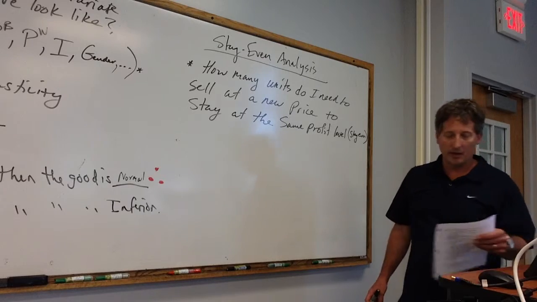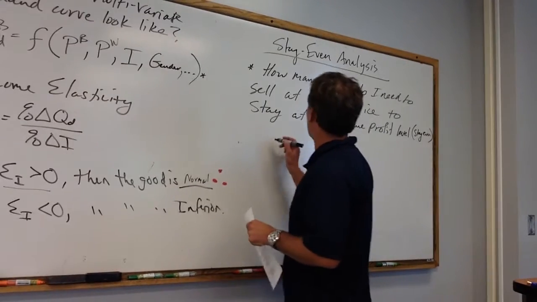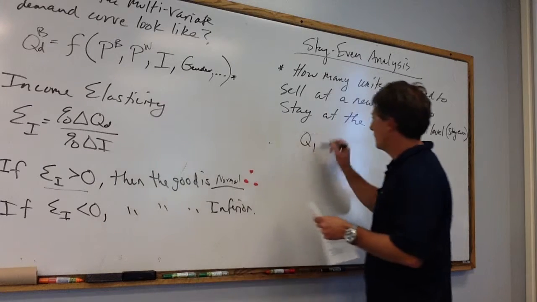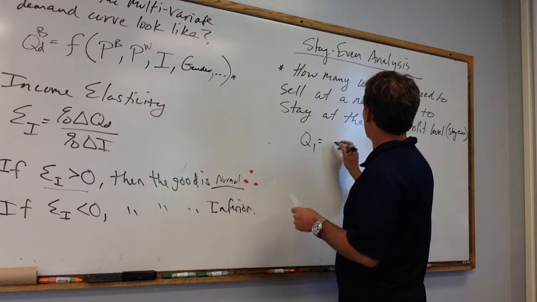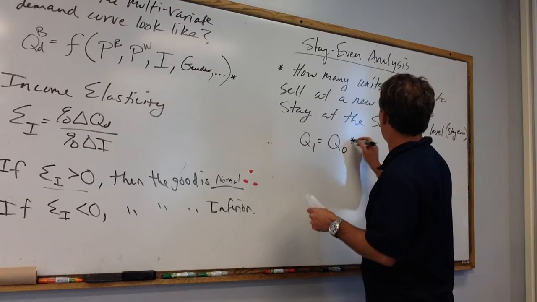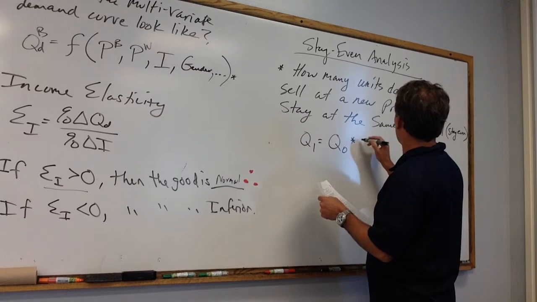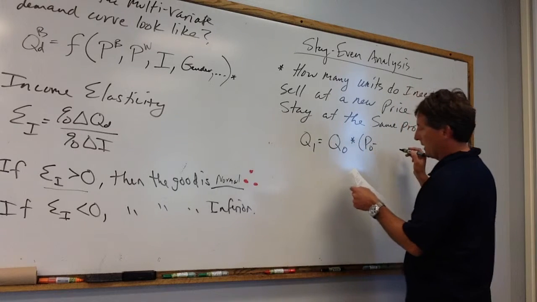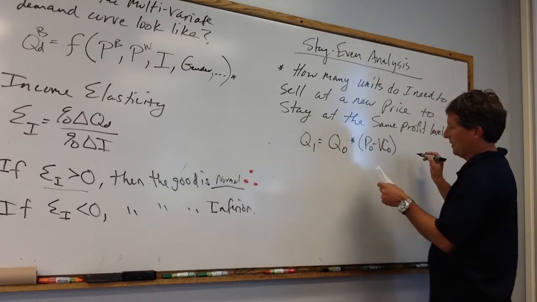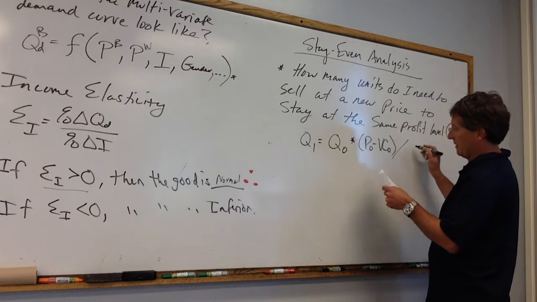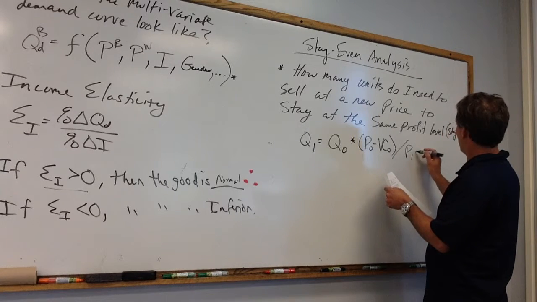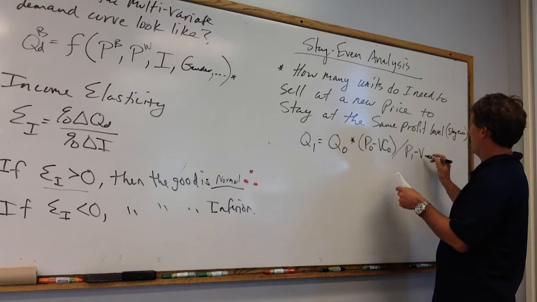All right, so again, this kind of ties in our profit decision of marginal revenue equal marginal cost. So Q1 is equal to the initial quantity times the ratio of the new price minus the old variable cost, divided by the new price minus the old variable cost.